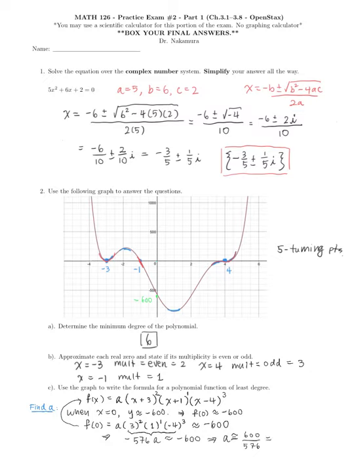Now if you reduce that, I believe that we should get 25 over 24. So that's going to be the value of your a. So finally, therefore, I'm just going to write the answer over here. Our f of x is going to look like 25 over 24, and then x plus 3 squared, x plus 1, and then x minus 4 to the third. So that's going to be our answer right here.